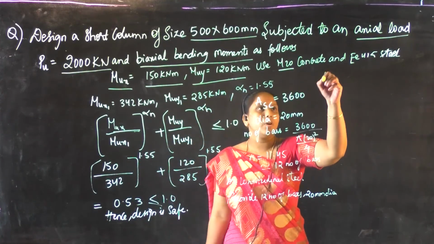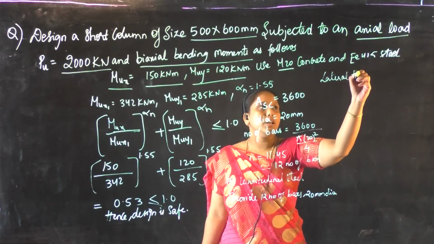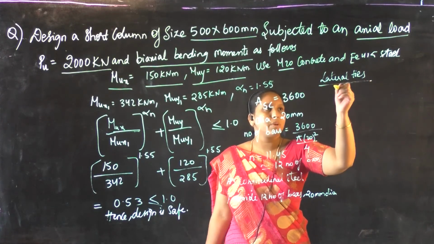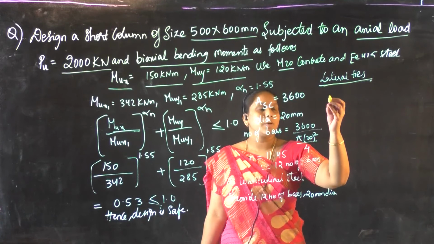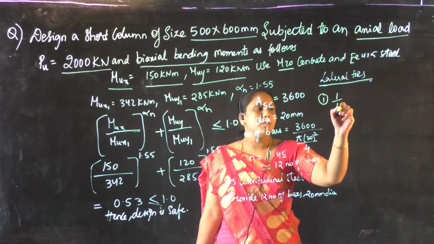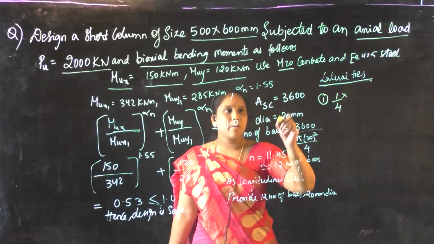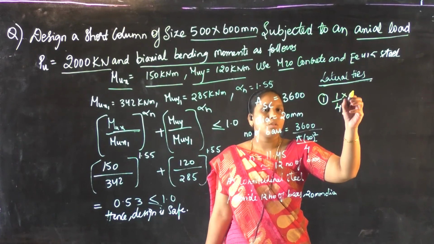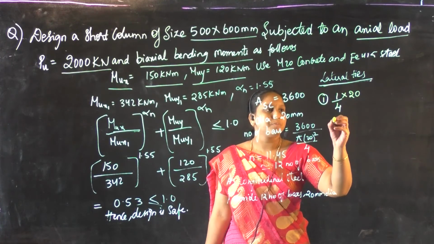The next one is we have to calculate the lateral ties. How can the lateral tie dimension be calculated? The dimension of the lateral ties should not be less than 1/4 of the diameter we have used for the longitudinal steel. What is the diameter we have used there? It is 20.